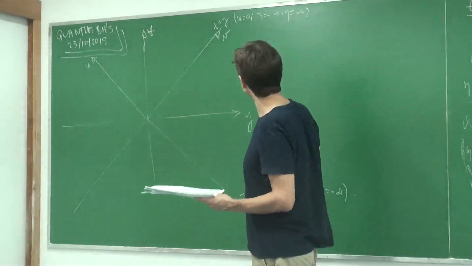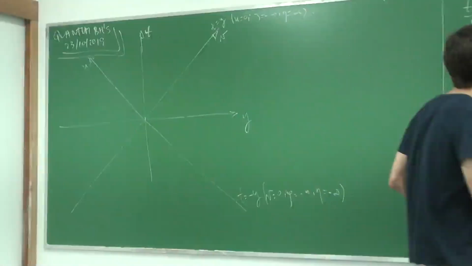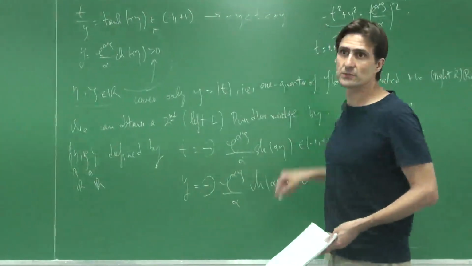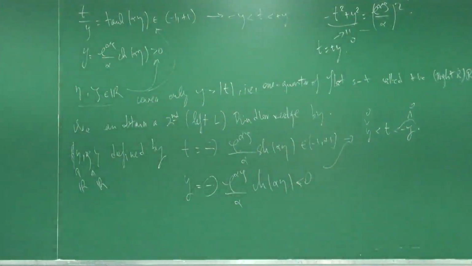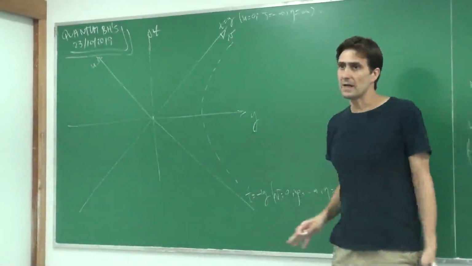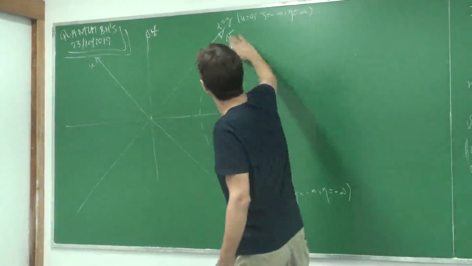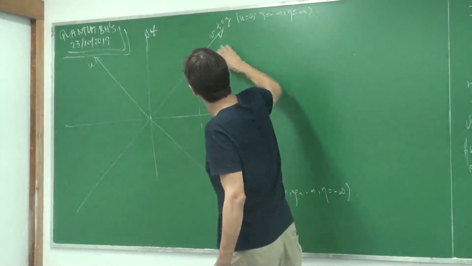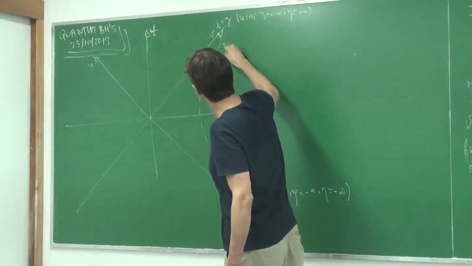The Z equals constant, they're hyperbola, okay, where Z equals constant means minus t squared plus y squared equals constant, that's a hyperbola. So you've got hyperbola that asymptote to t equals y and t equals minus y. So this is zeta equals constant.